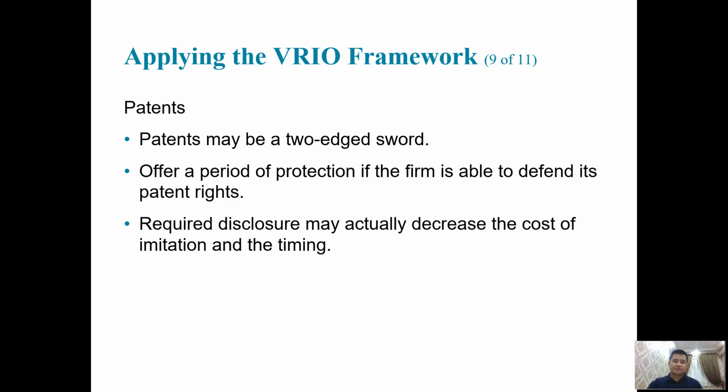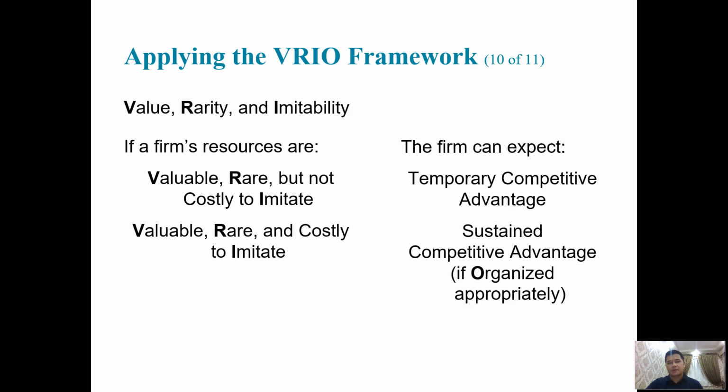And patents. Patents may be a two-edged sword. They offer a period of protection if the firm is able to defend its patent rights. Required disclosure may actually decrease the cost of imitation, and the timing. Applying the VRIO framework, the value, rarity, and imitability.